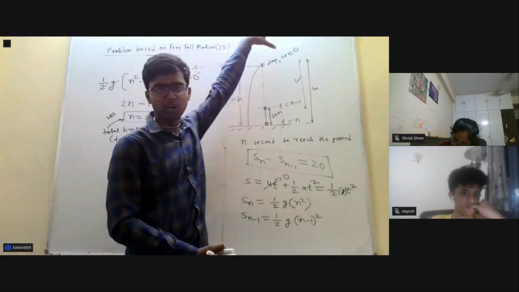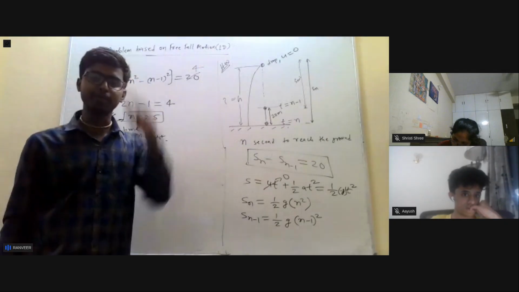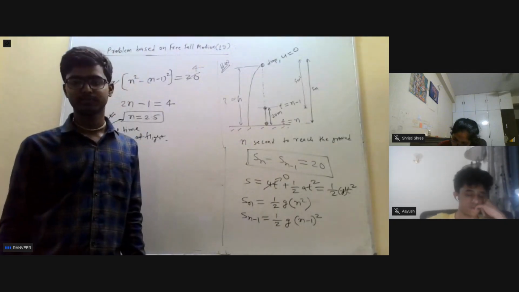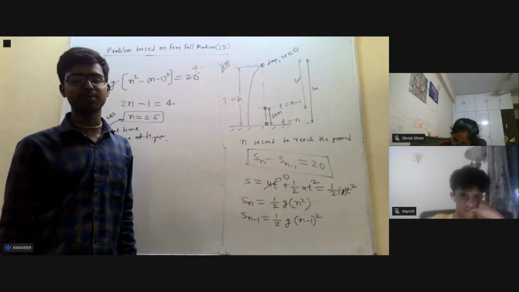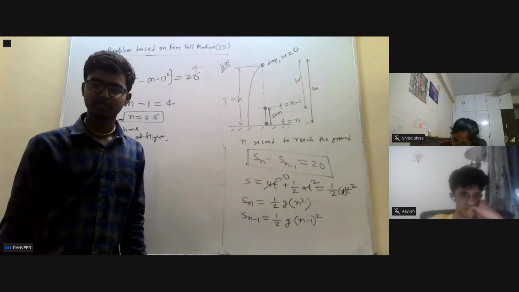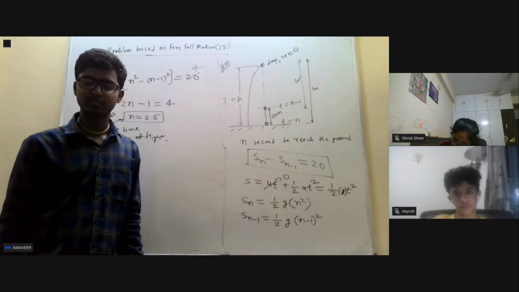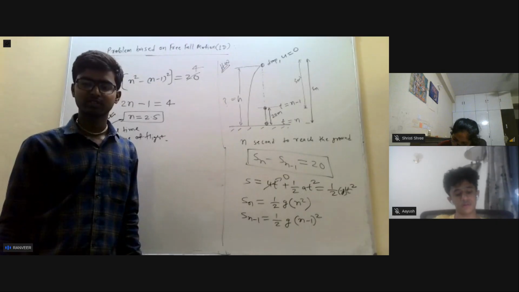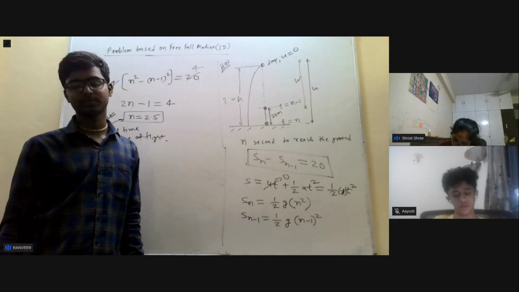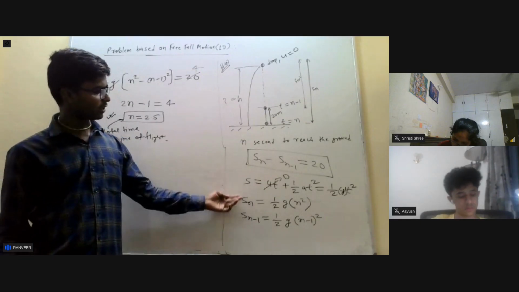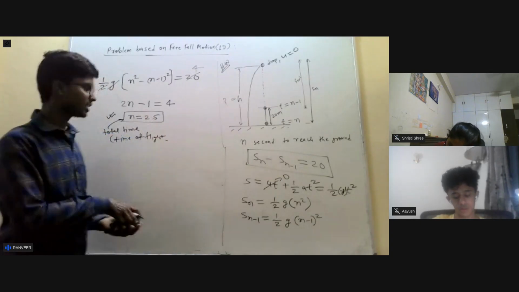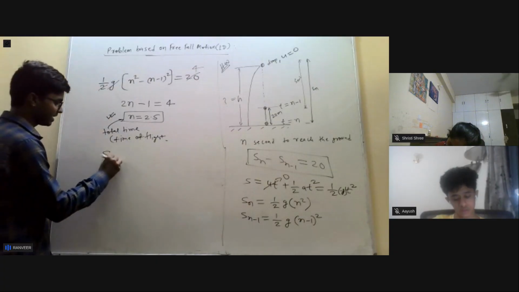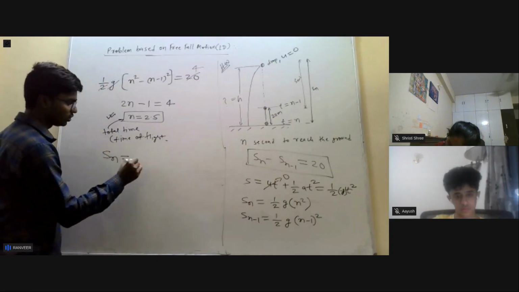If you are dropping a ball from height h, how much time should it take to reach the ground? Ayush, if you are dropping a ball from height h, how much time should it take to reach the ground? Under root 2h upon g. Or you can simply apply the formula of Sn here as well. It doesn't matter what you are applying, both are the same. So simply height becomes Sn. ut plus half g t square, with u equal to 0.